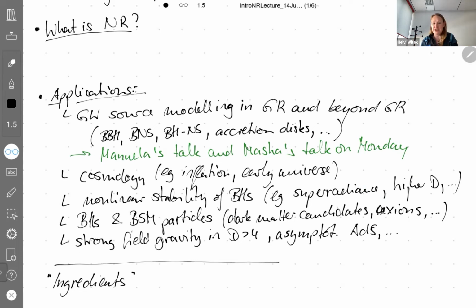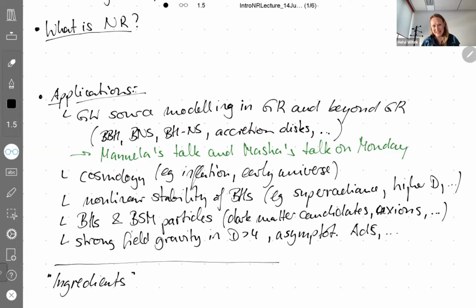People have looked at high-dimensional black holes and black hole collisions. In my group, we are also using the techniques to study the interaction between black holes and light fields that are dark matter candidates. So there are a lot of applications beyond gravitational wave source modeling.